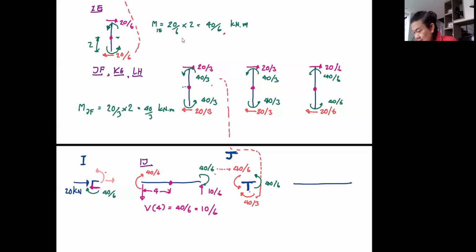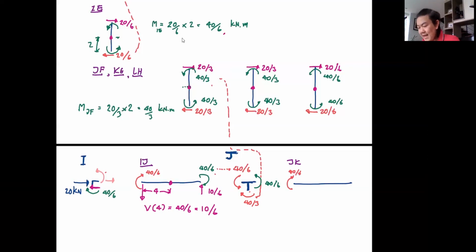Now you have the member. This is going to be member JK. Okay, so now this moment is counterclockwise, so you have that 40 over 6. See how similar this is, 40 over 6 with that.